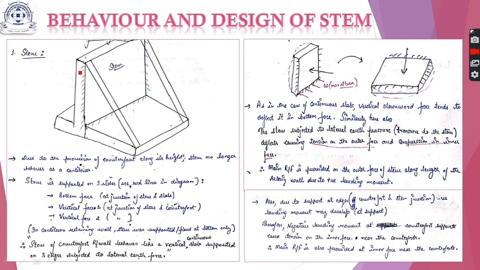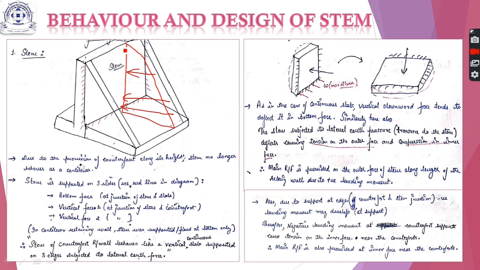So the stem behaves like a slab supported on the 3 edges. So for the basic understanding, it is acted upon by lateral active earth pressure like this, with maximum value at the bottom.